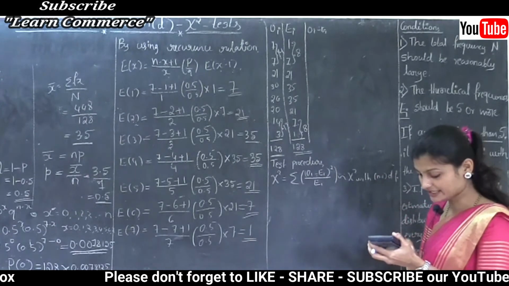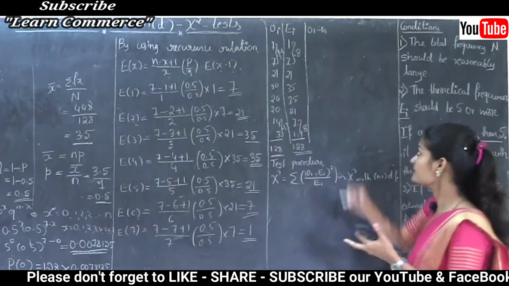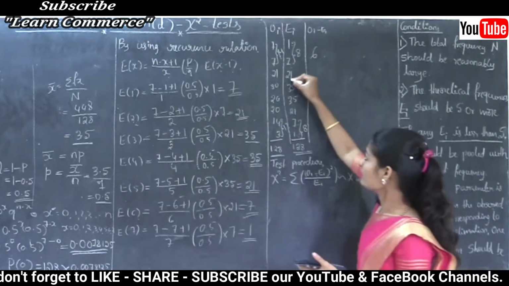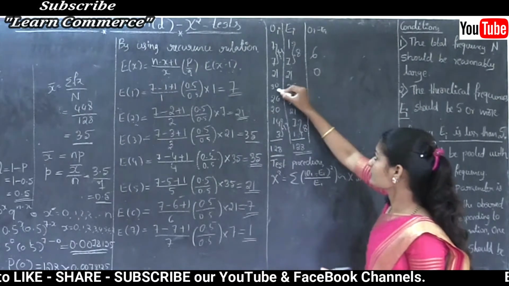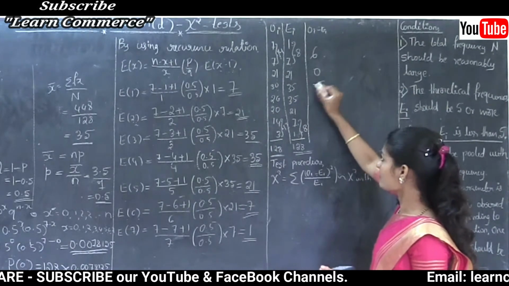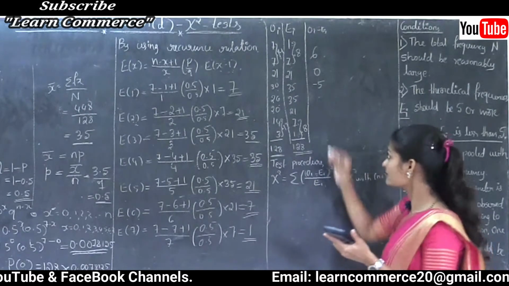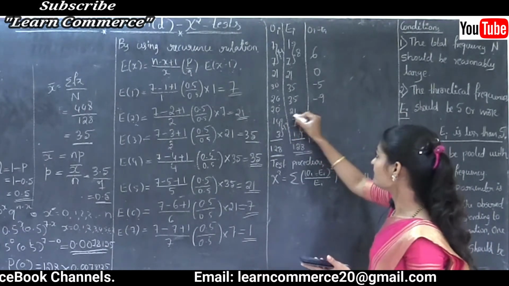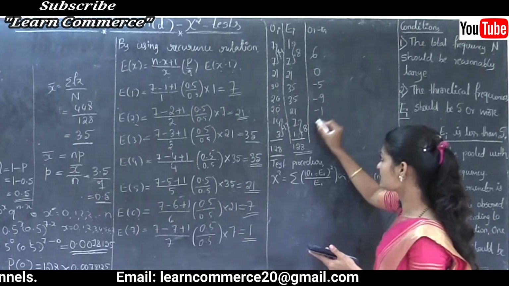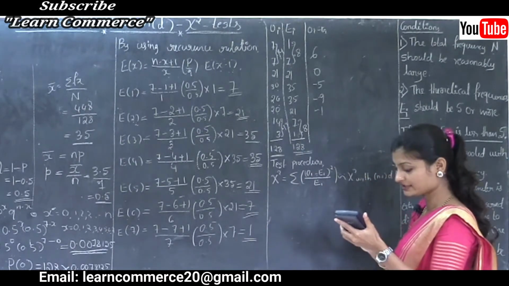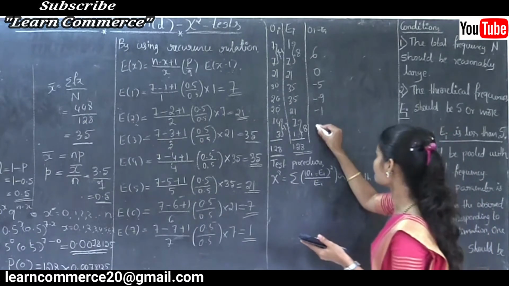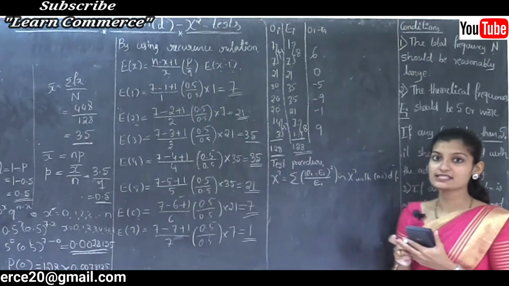So 14 minus 8 is 6. 21 minus 21, 0, 30 minus 35 is minus 5, 26 minus 35 is minus 9, and 20 minus 21 is minus 1. Here 17 minus 8 is 9. Okay, these are OI minus EI observations.